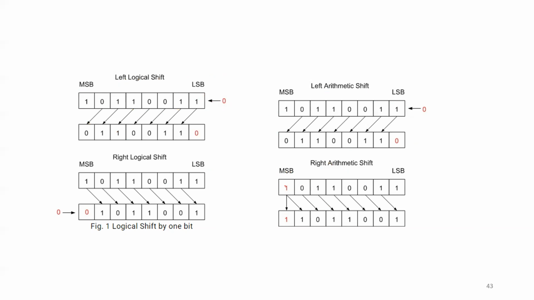So as you can see here, for the right logical, we added 0 on the left. However, for the right arithmetic, we added 1. Okay, so this is the difference between the two instructions. Later on in our applications, we will see how we can use these instructions in our code.